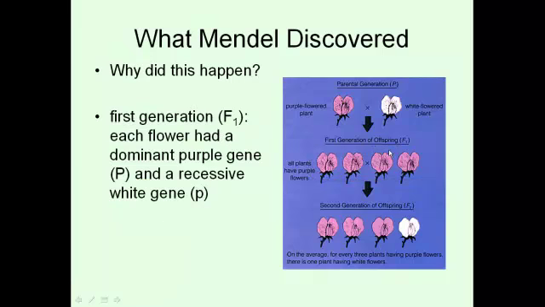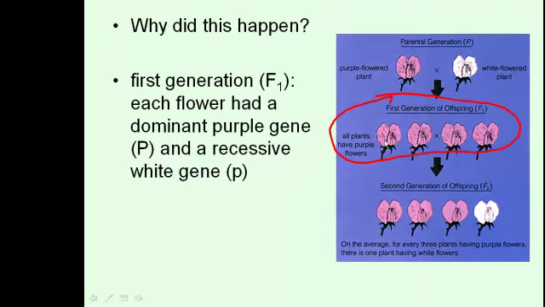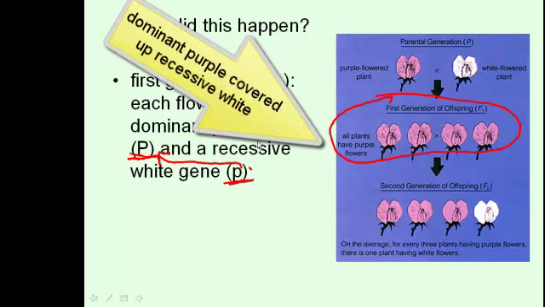Now to explain why this happened, Mendel said that the first generation, which is called the F1 generation, and it's this right here, probably got a dominant gene from its purple parent and a recessive gene from its white parent. But since there's only one recessive gene, it got covered up by the dominant gene, and that's why they were all purple.